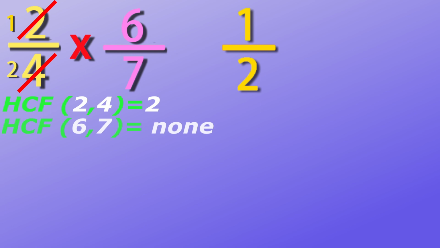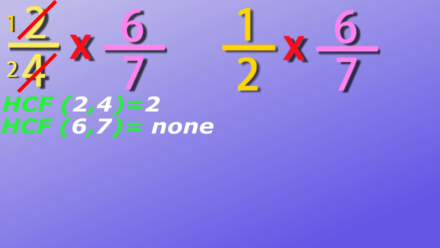So we can simplify 2 over 4 to 1 over 2. 6 and 7 have no common factor, so 6 over 7 cannot be reduced. Now we've reduced where possible, our multiplication becomes 1 over 2 times 6 over 7.